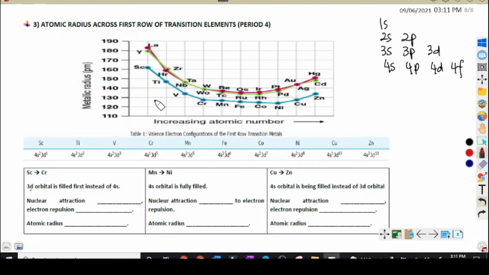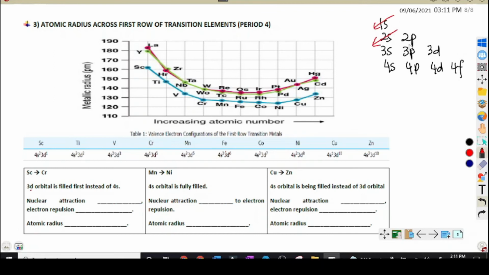In order to understand better how the atomic radius across the first row of transition elements changes, we need to understand which orbital has the higher energy.